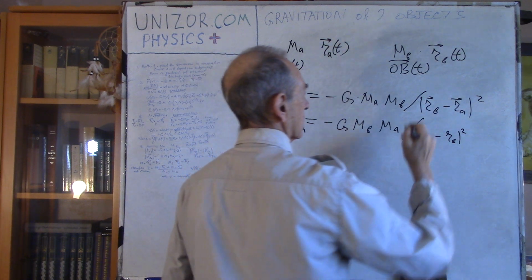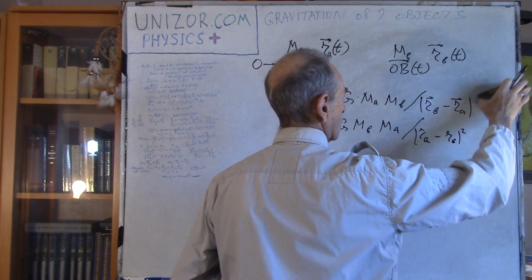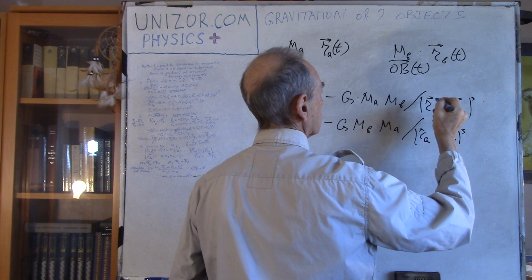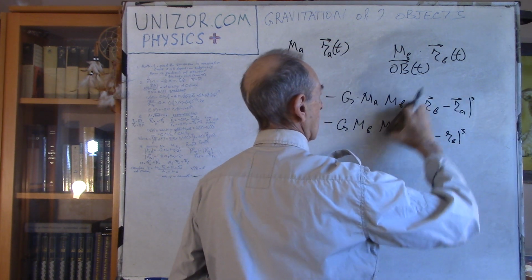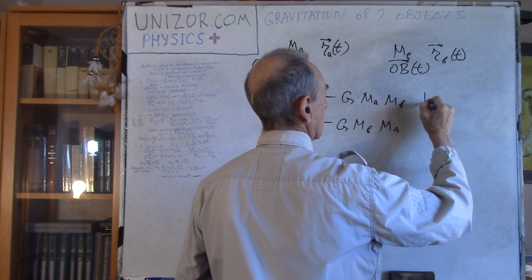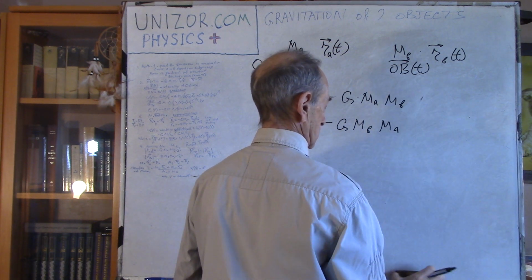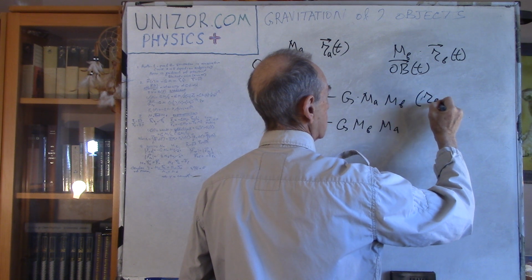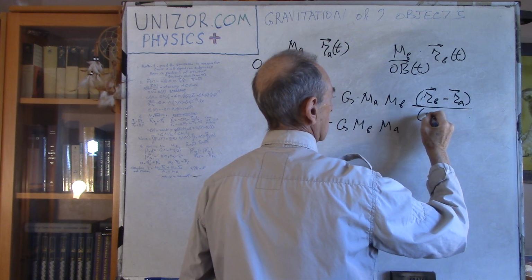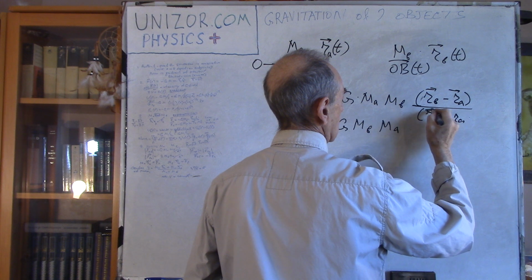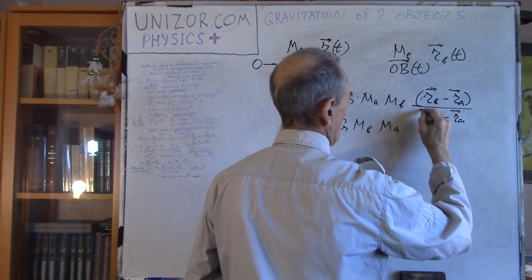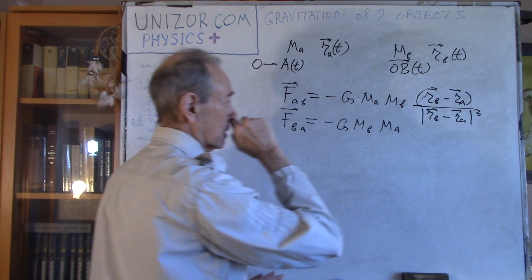To make it a little bit better, you have to put cube here, but multiplied by RB minus RA divided by the vector, divided by RB minus RA magnitude in a third degree.